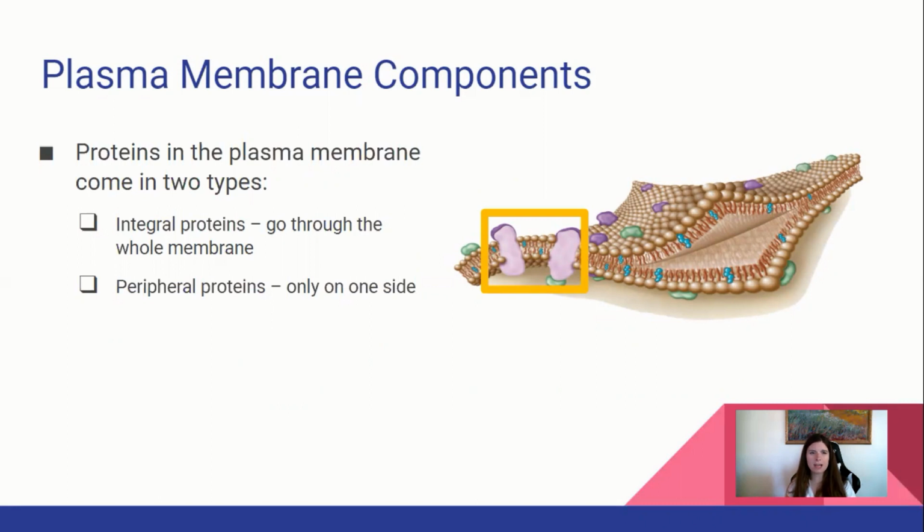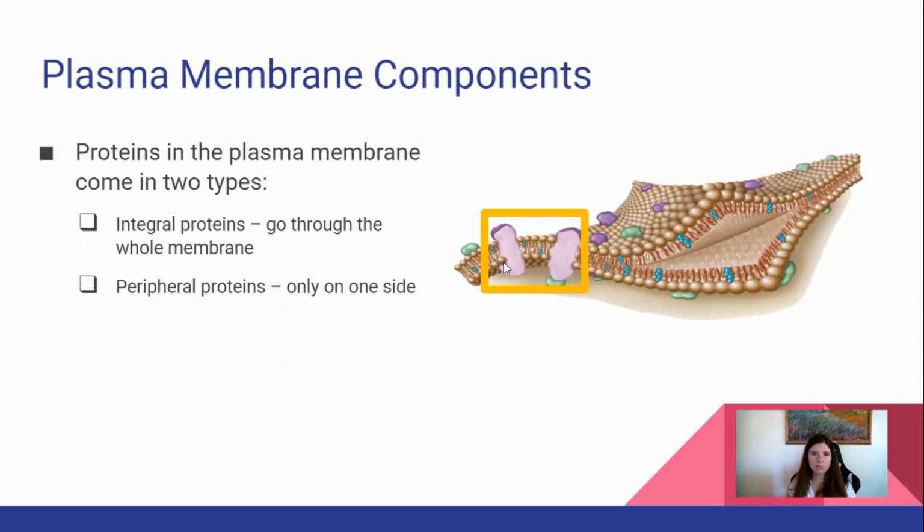The first are our integral proteins, which we'll also sometimes call transmembrane proteins, because they go through the whole membrane. So they have a part on the outside of the cell, which we call the extracellular part. And they'll have a part on the inside of the cell, which we'll call the intracellular part.